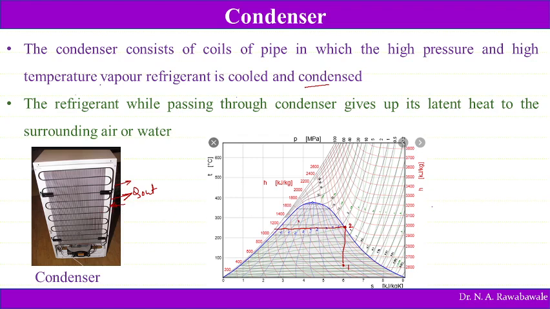So pressure P is constant and temperature is constant. In this condensation process latent heat is rejected. That is the amount of heat rejected to the surroundings during process 2 to 3. When the refrigerant gets converted into completely saturated liquid, it enters the next device, known as an expansion valve or throttling valve. In this process the heat is rejected.